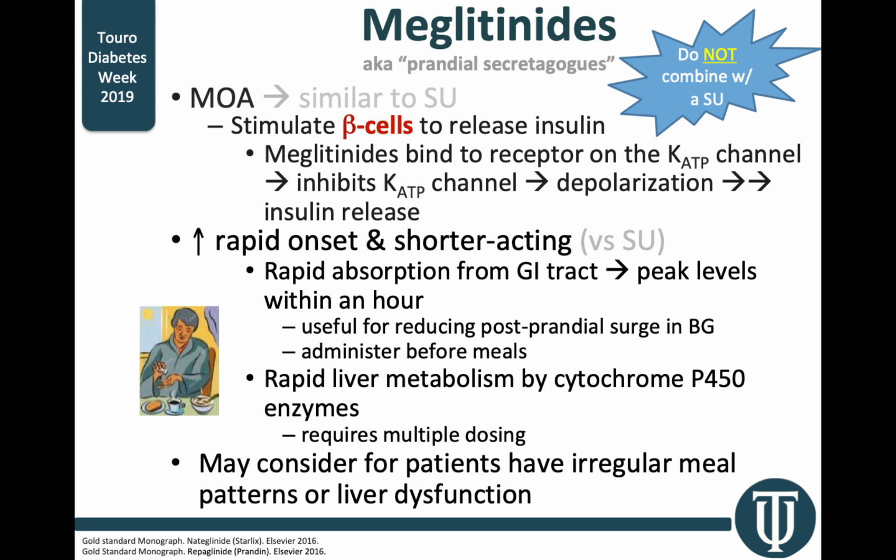That's the reason why you want to take this medication before meals, and it is used to reduce the postprandial glucose high. This point is important: for patients who have irregular meals or some liver dysfunction, meglitinides might be a good choice.